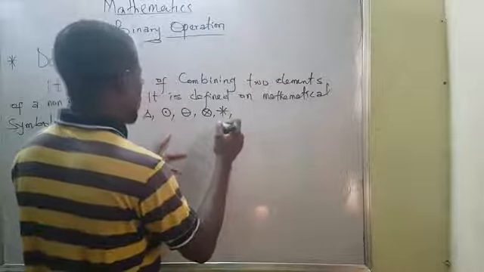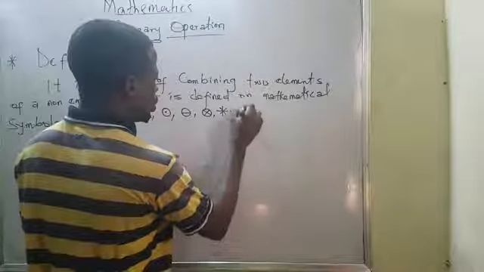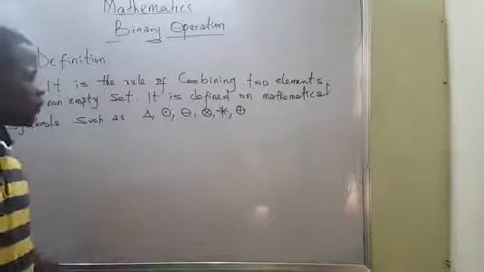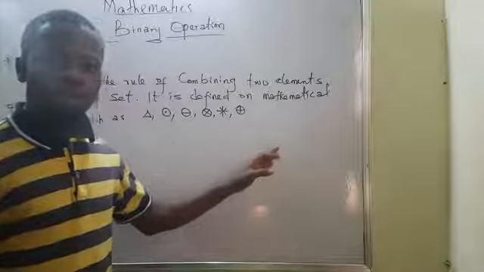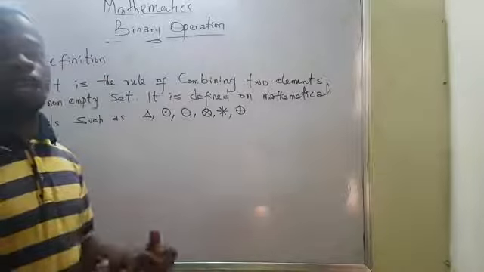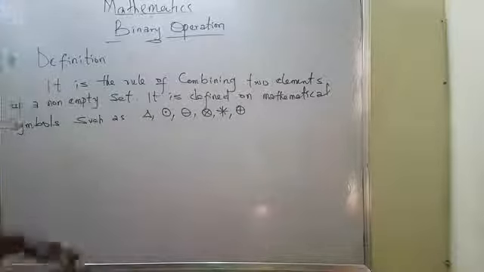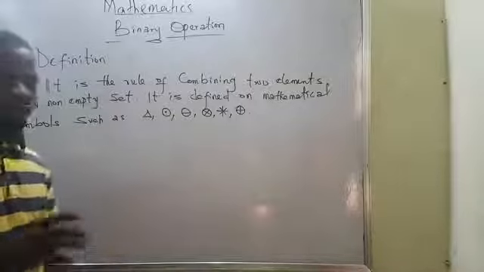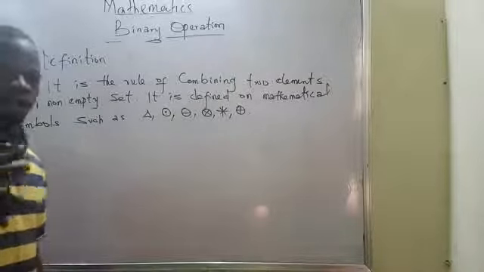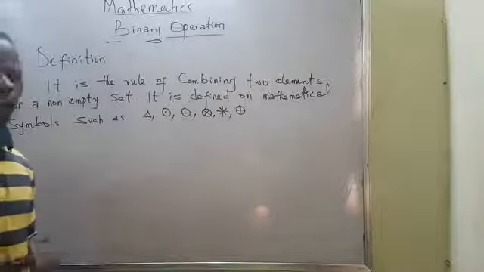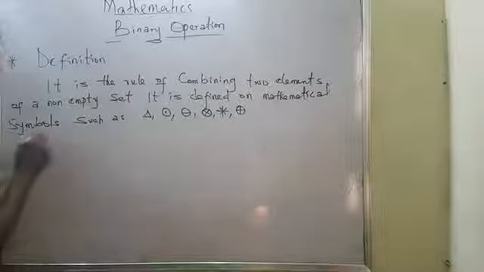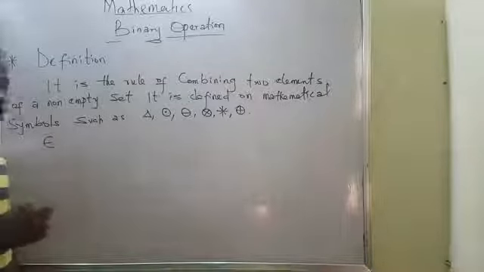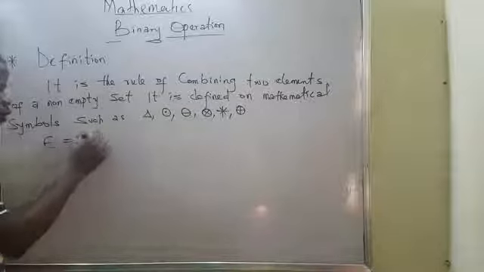Then let me say I have this. So the elements will be defined on this, provided those elements are from a non-empty set. Now let me streamline into three other symbols that I will be using while explaining this concept. This one is just like E, but it's not E. It implies belongs to.